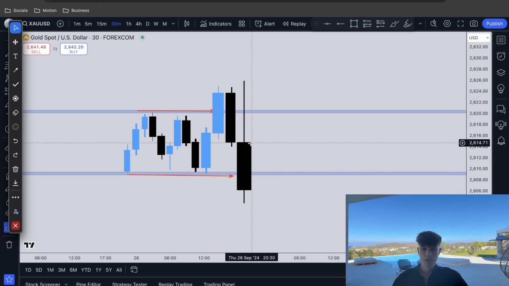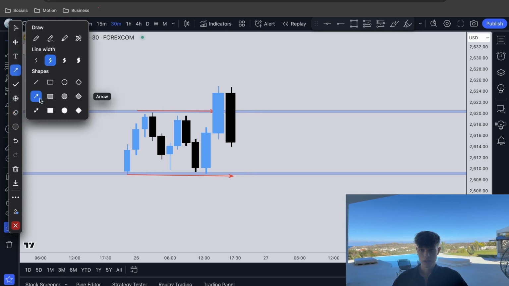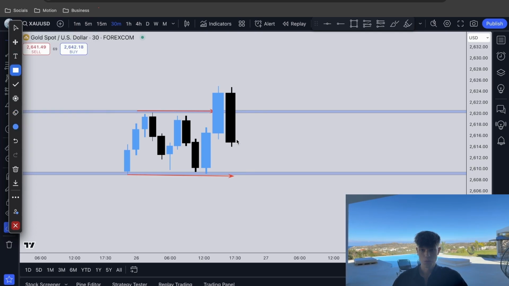The fourth entry, the last entry to this fake out plus liquidity grab, is the impulse entry, right? So it would look something like this. We would get a bullish candle that closes weak bullish, but with a top wick that still respects this level. So this candle closes below, it's a fake out.